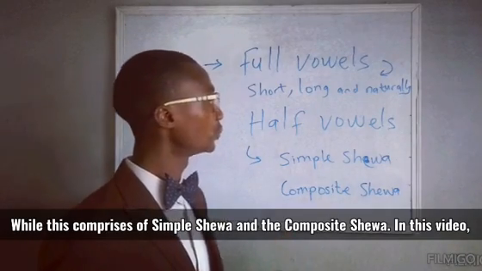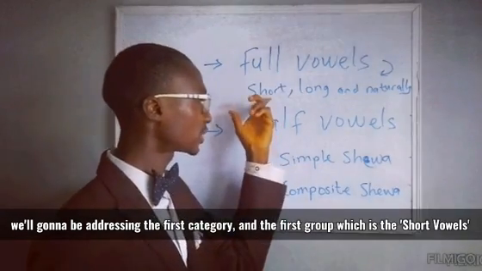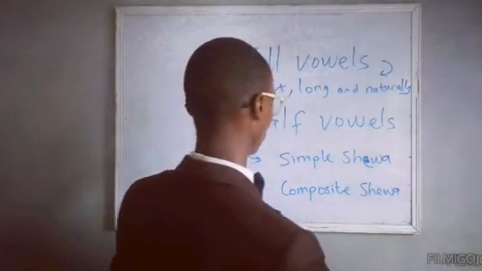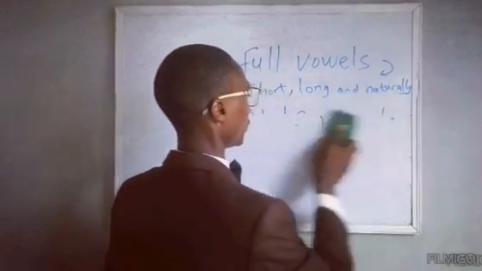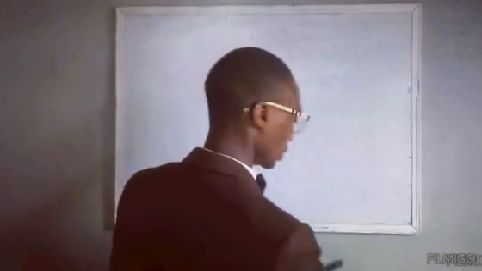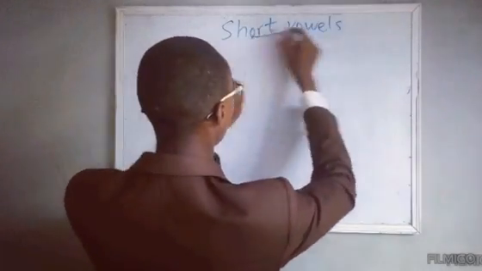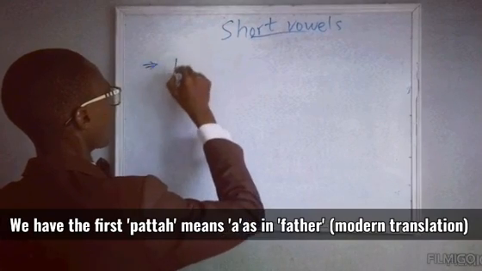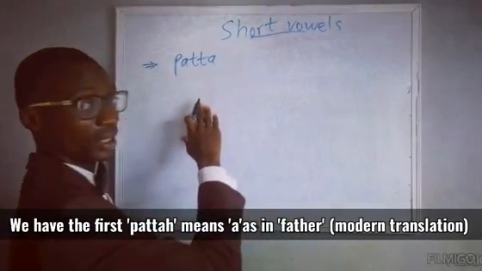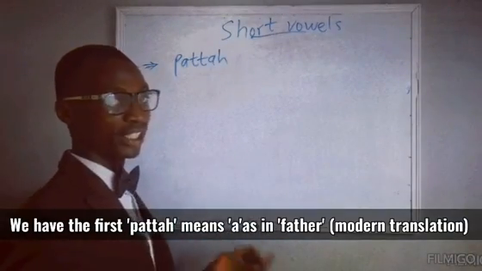In this video we're going to be addressing the first group of vowels, the short vowels. Let's quickly dive into these short vowels. We have the first, patah, written this way, or patash.